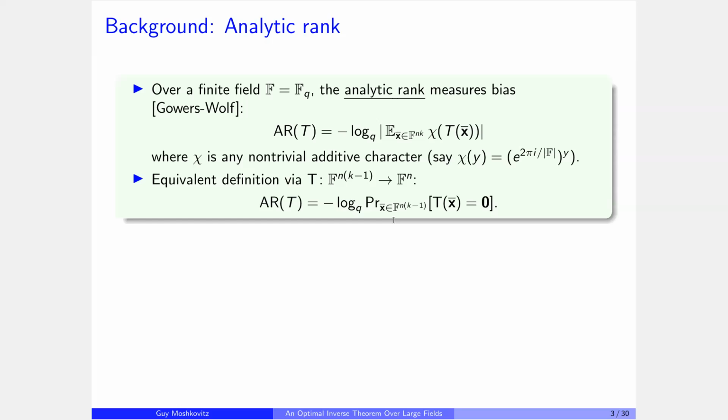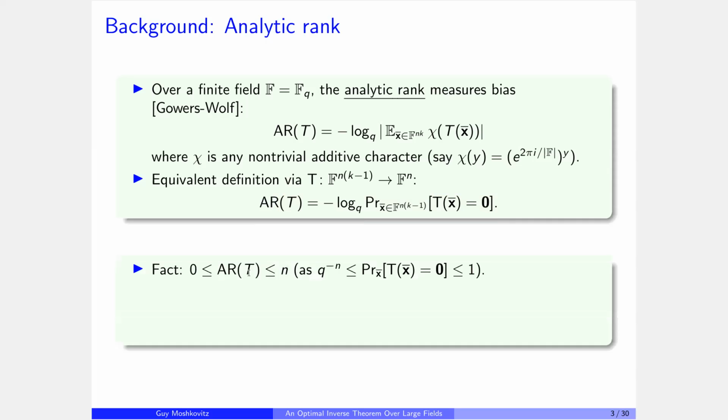You have a bunch of polynomials, the components of the map, and you ask how many joint solutions these polynomials have. To get the normalization right, you take a uniformly random input to these polynomials and ask what's the probability that the output is the zero vector, so zero in all the components. If this probability is q to the -10, then the analytic rank is 10. So this is the definition of analytic rank.